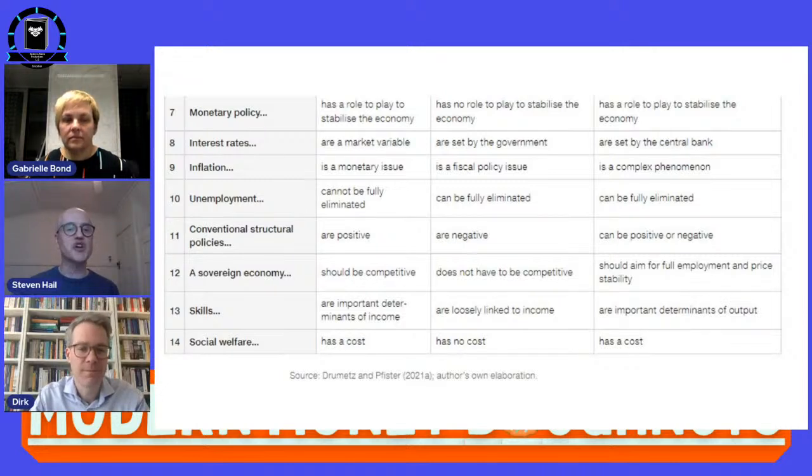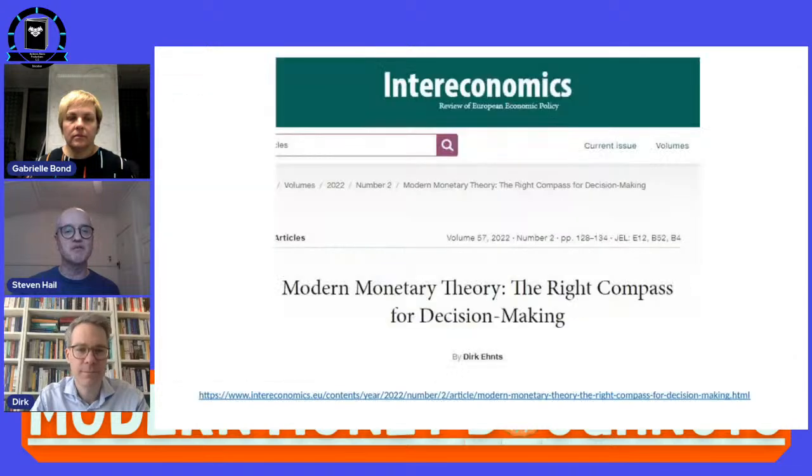I've just gone onto the third slide because we're not going to keep Dirk all night. Actually, some of what we've just been talking about is related to the other issues which he brilliantly covers in this table and in the article.